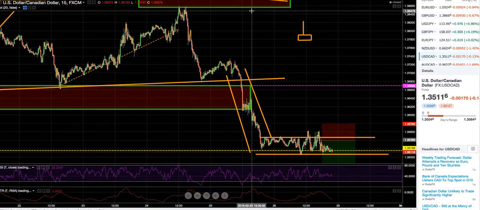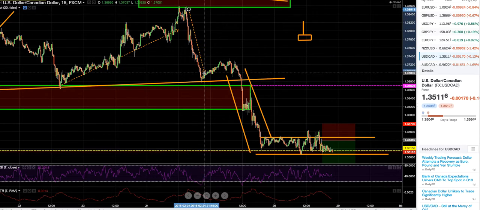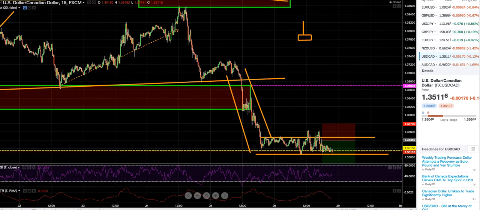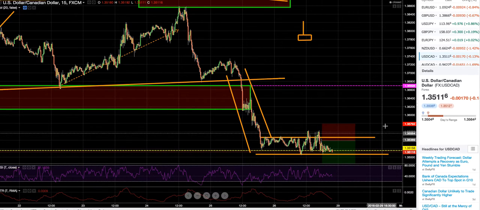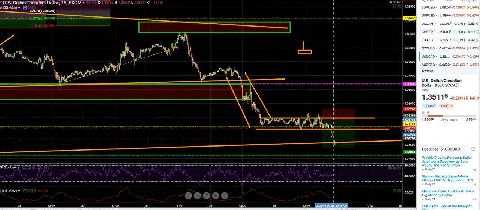I'm trying to catch one of these guys, right? So I'm expecting, if the market breaks through this level right here, as you can see, it's holding pretty nicely. But if we break through this level, I want to see something like this happen.